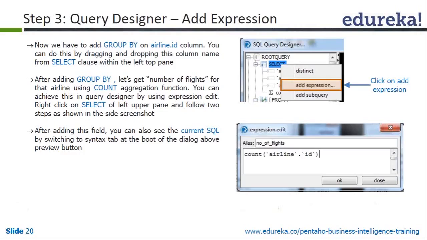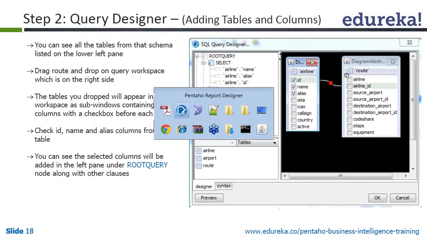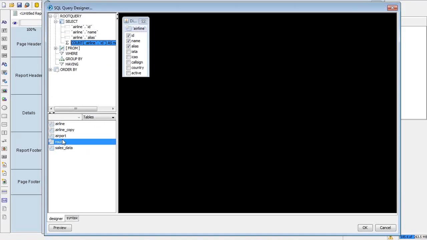Total number of flights per airline for that route. Is it route? Airline? Yeah, for that route. So route is nothing but you can say it's an airport. Some leading airports. So that's why route is later on added in the connection in the SQL, and that's why in fact this route table was required. So we will have to add route.